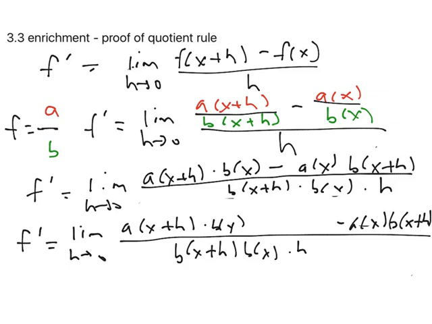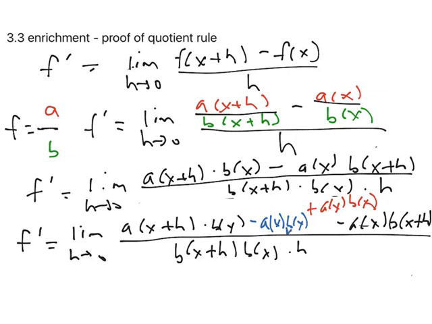I'm going to first subtract a of x, b of x. And then I do plus a of x, b of x. Of course, if I add and subtract the same thing, that is okay.